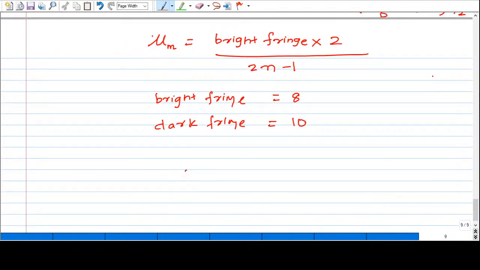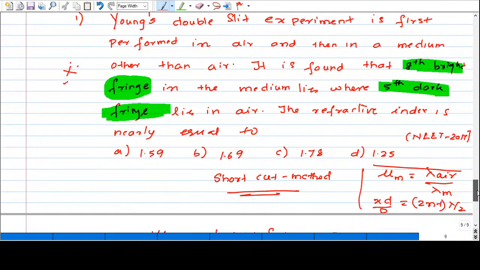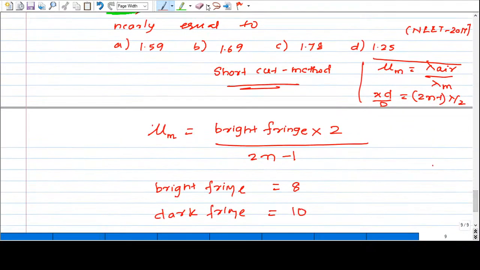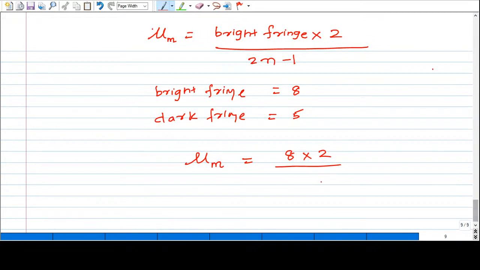Now we have to find mu m. Correct? So bright fringe is how much? 8 into 2 divided by, so dark fringe is 5. Substitute the value here. So 2 into 5 minus 1.